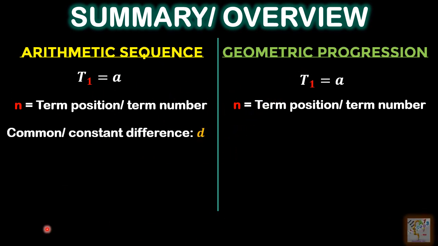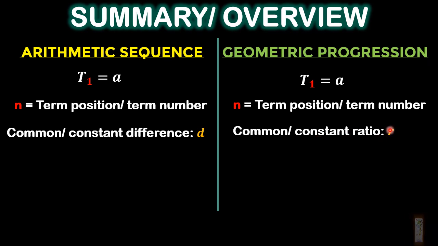Now, with arithmetic sequence, you have a common or constant difference, whereas in geometric progression, you have the common or constant ratio. This is the distinction between the 2. Another thing is that to determine D in an arithmetic sequence, you take term number 2 minus term number 1, which must always be equal to term number 3 minus term number 2.